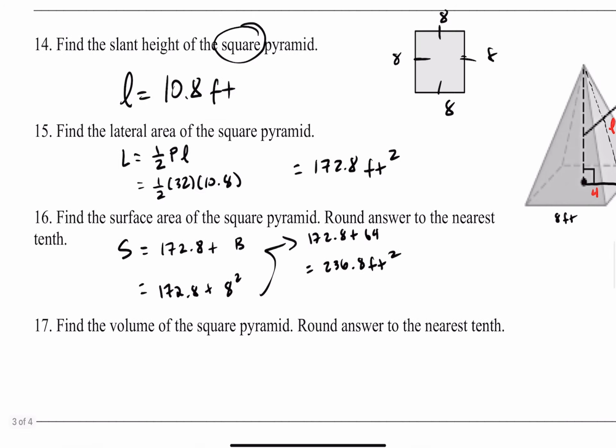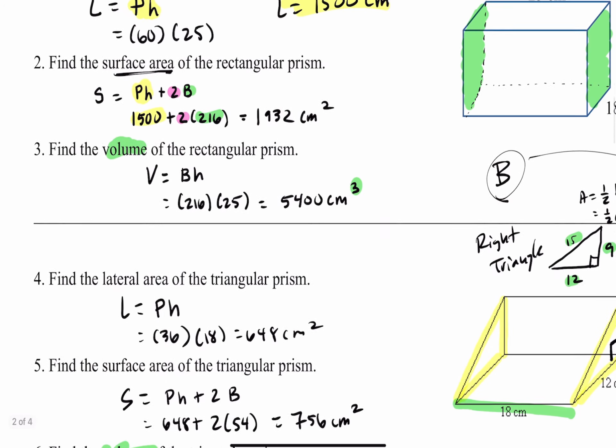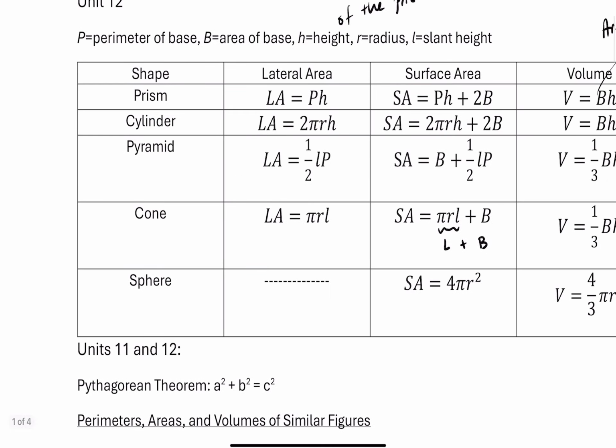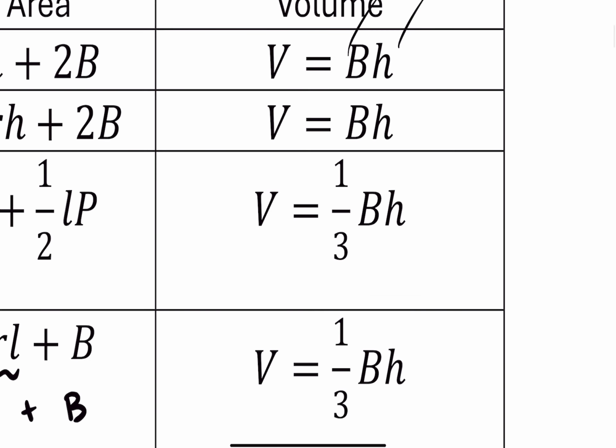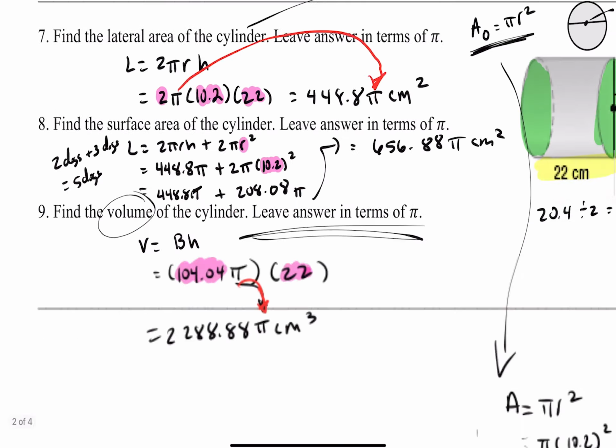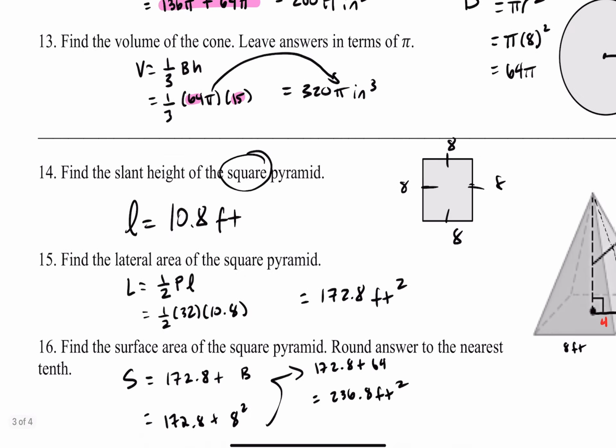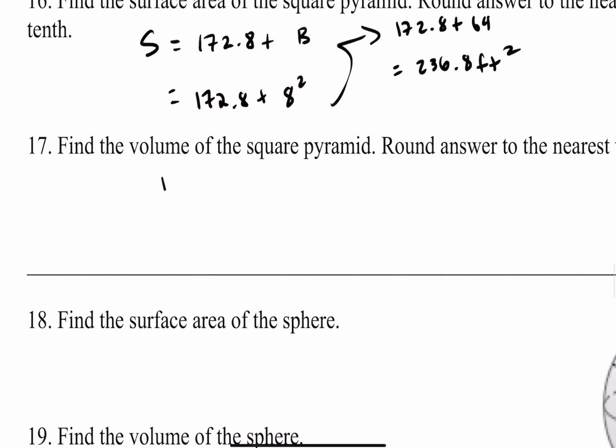Alright, the volume of a pyramid in general is V equals 1/3 the area of the base multiplied by the height. So let's write that down. V equals 1/3 the area of the base multiplied by the height of the pyramid. What's the area of the base again?